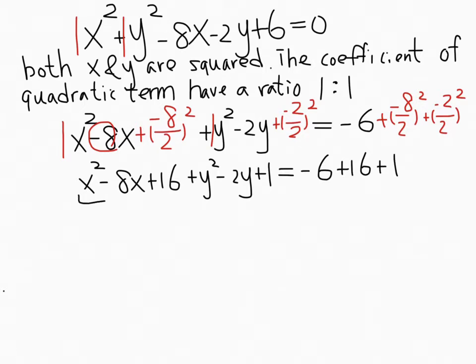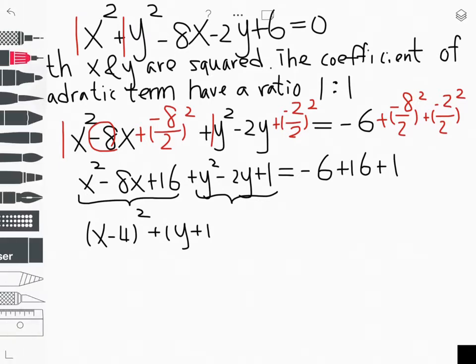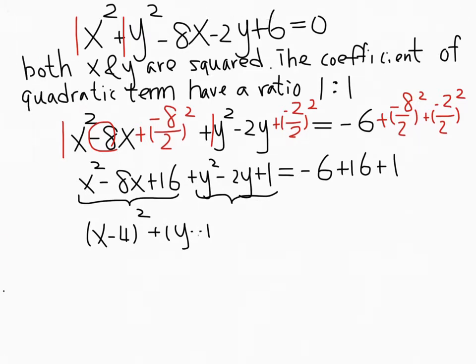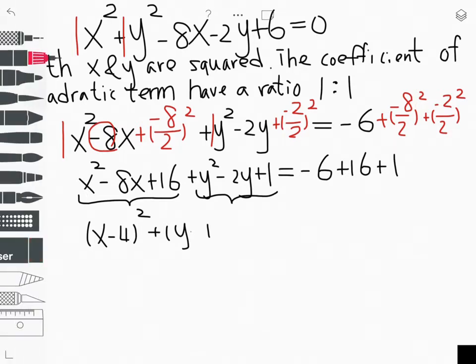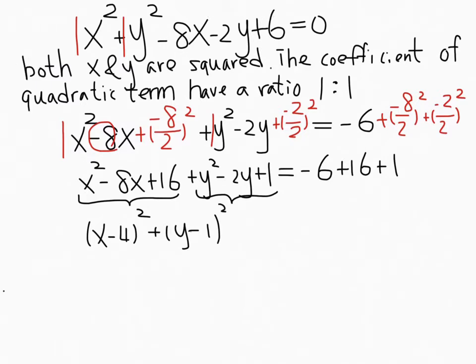So now, can I put these three terms into perfect square form? Have to be careful there. It's y minus 1 squared.